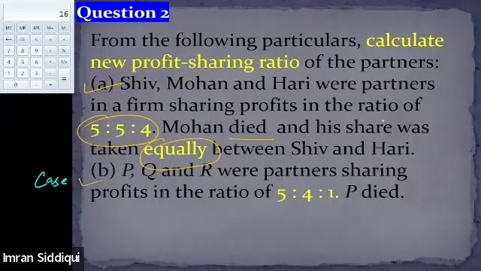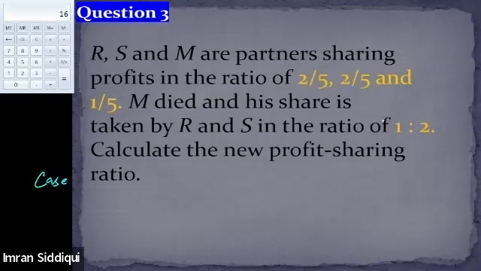Moving on to the third question. R, S, and M are partners sharing the profit in the ratio of 2/5, 2/5, and 1/5. M died and its share is taken by R and S in the ratio of 1:2. Calculate the new profit share. Find out the new profit sharing ratio for this question as well.